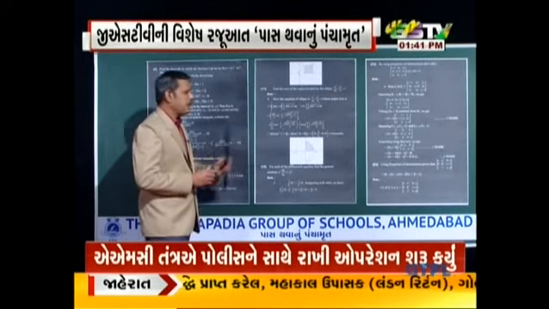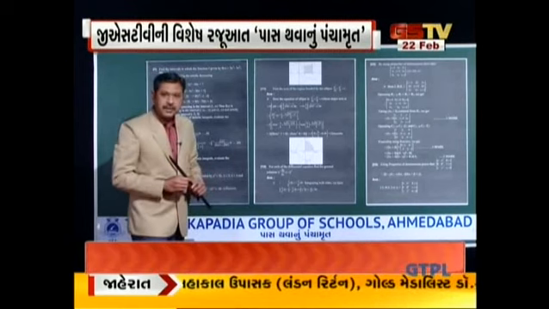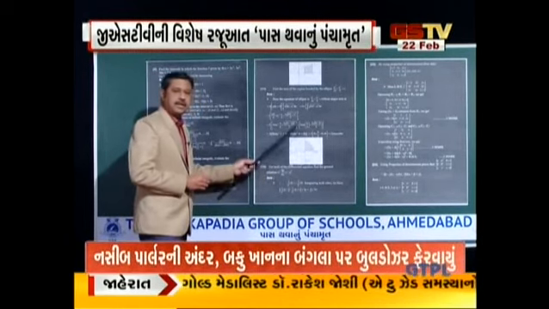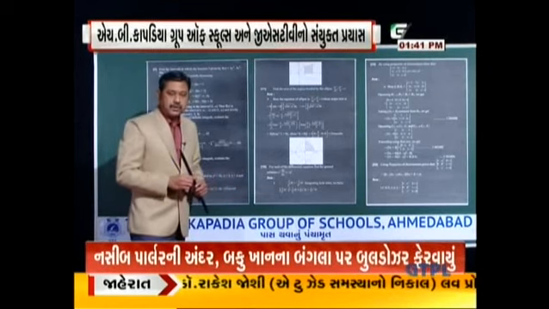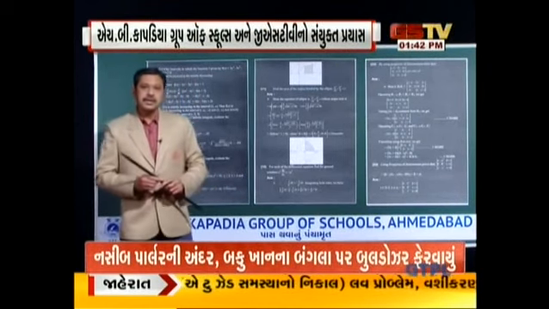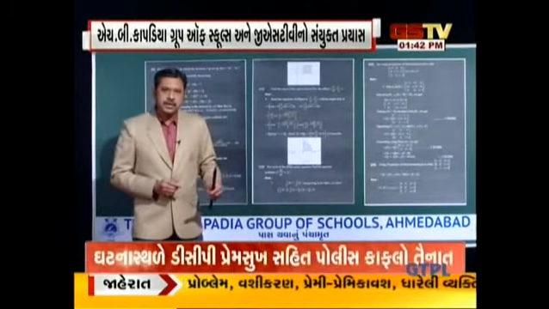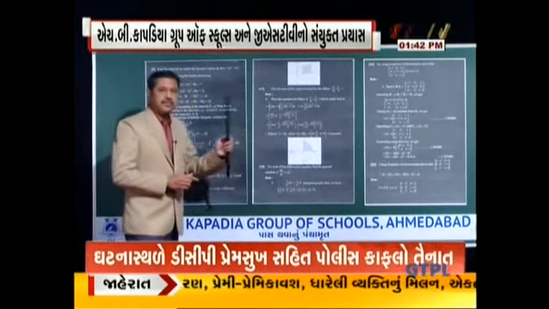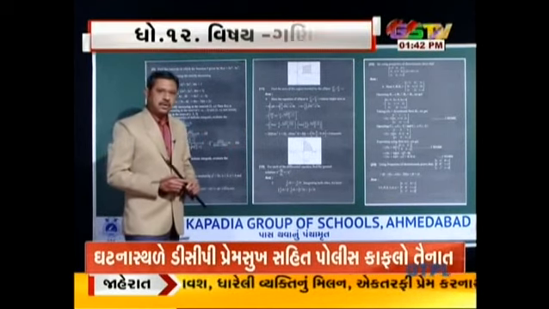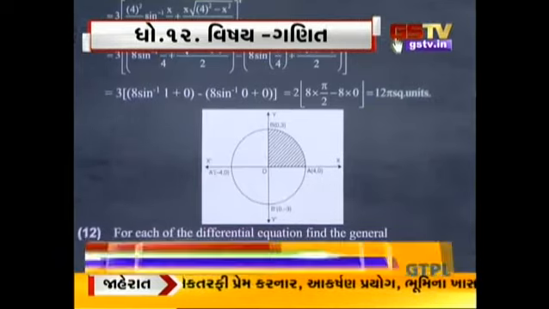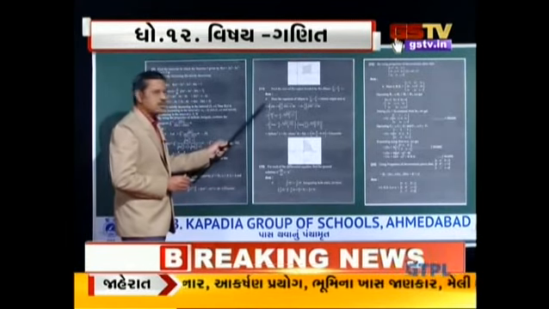So first, to integrate and find this area, we can take a limit for the x-axis or a limit for the y-axis, because an ellipse and a circle are symmetric about both axes. If you take the x limit, it is okay for the question. If you take the y limit, it is also okay for the solution. So here we take the limit for the x-axis, 0 to 4.